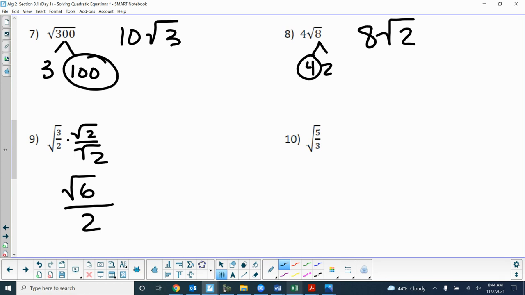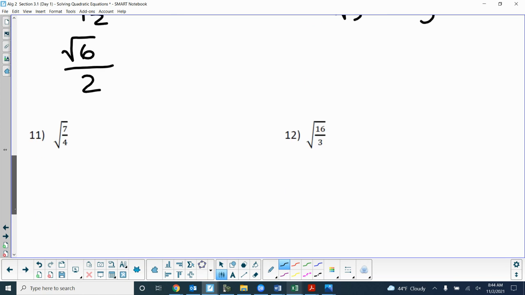Yeah. All right, Emma? Oh, you do radical 3, multiply. Good. So what do we get? Good, radical 50 over... Good. Questions on those 2? So far, so good? Okay.